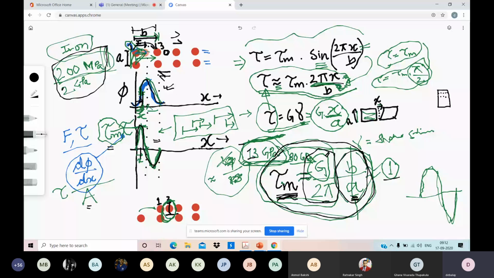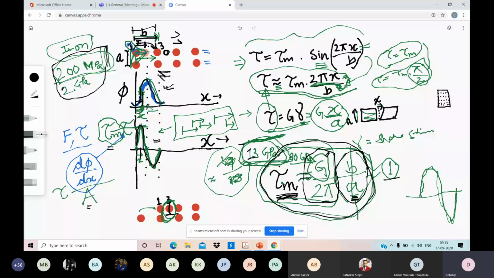So there your challenge is, to cause plastic deformation, you first have to create a dislocation and then move the dislocation. Then the step will form. So creation of the dislocation is the challenge. That requires 13 GPa.